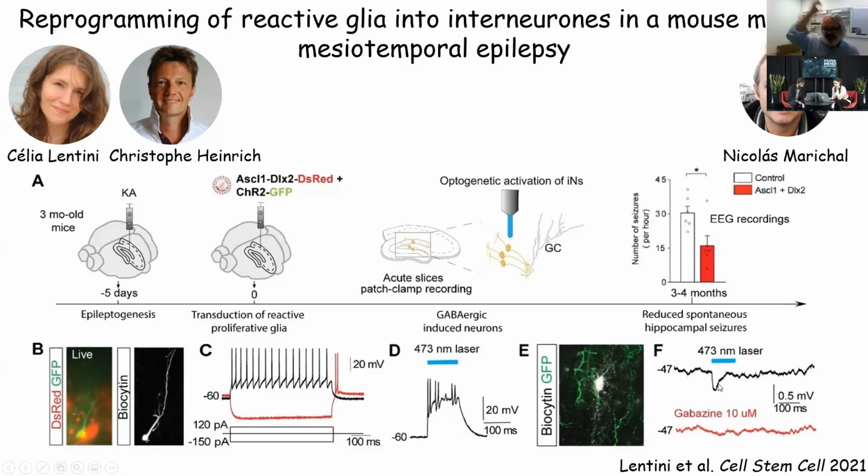And indeed, what Nicolas could see is that when he shone light on these cells, he could see synaptic transmission that could be blocked by GABAergic blockers, suggesting that these induced neurons can form functional GABAergic synapses onto granule cells, and perhaps through this mechanism contribute to a reduction in seizure activity.